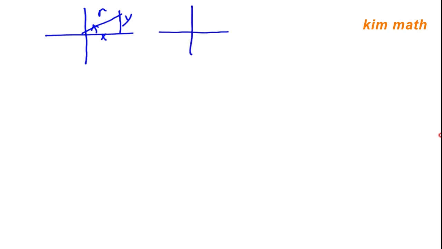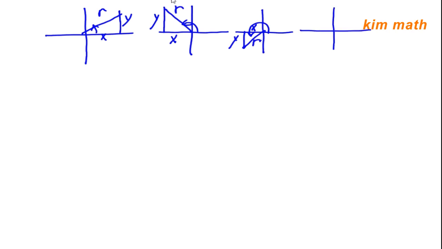If your angle is in the second quadrant, now this is y, this is r, this is x. If your angle is in the third quadrant here, this is x, this is y, this is r. Okay? And last picture. If your angle is in the fourth quadrant, now this is y, this is x, this is r.